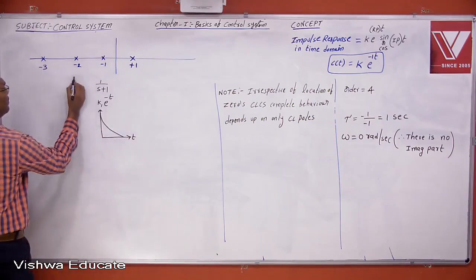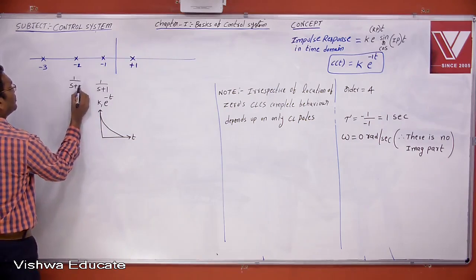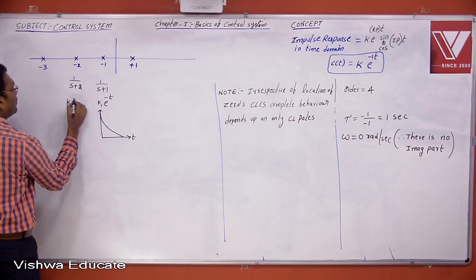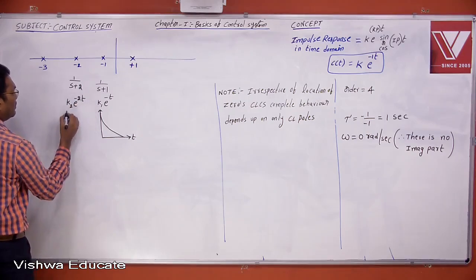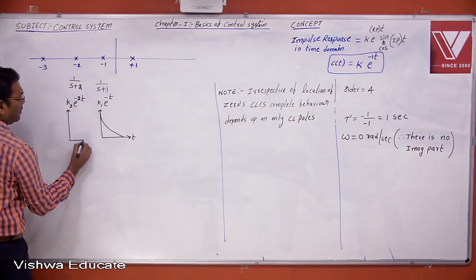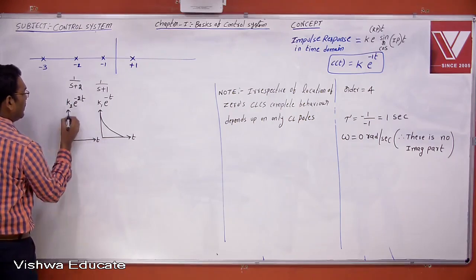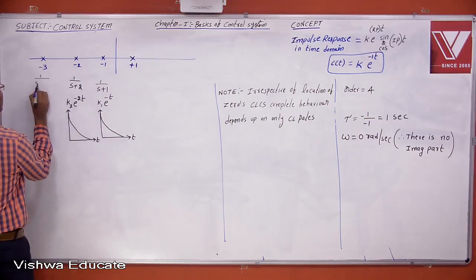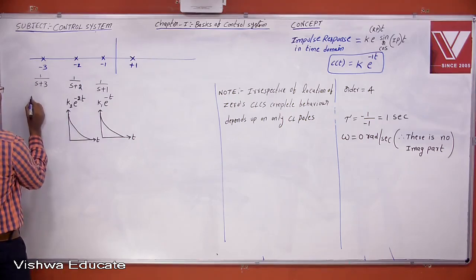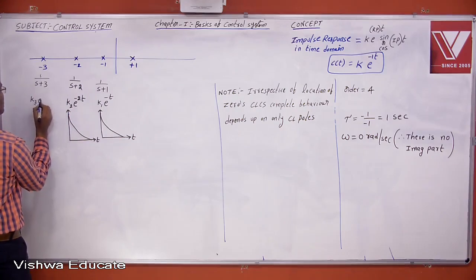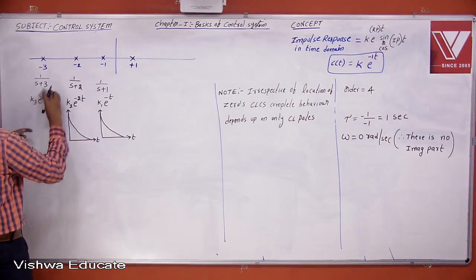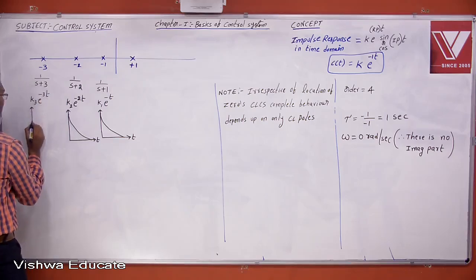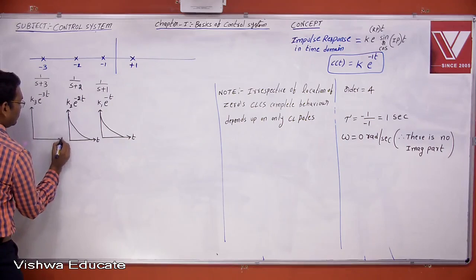Now, this is 1 by s plus 2, which means some constant into e power minus 2t. Therefore, the response is exponentially decaying. Now, this is 1 by s plus 3. The response is some constant into e power minus 3t. The response is exponentially decaying.